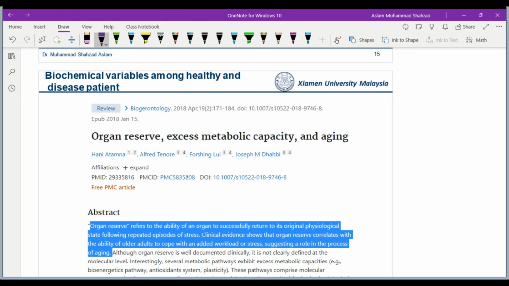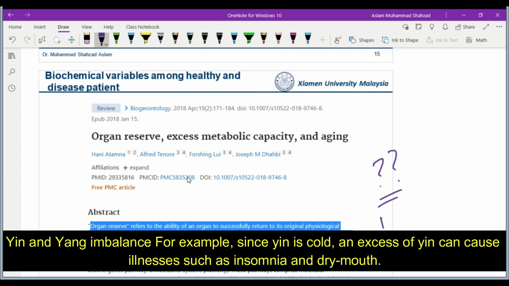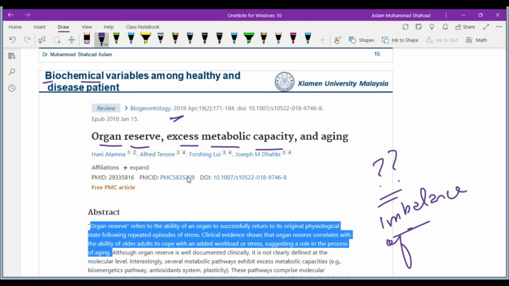In traditional Chinese medicine, when we talk about TCM, we usually discuss why disease occurs. The question arises, and the answer in TCM is that it arises because of imbalance, an imbalance of the agents responsible for balance inside the body. So the organs are responsible for reserving these metabolites or biochemical variables.